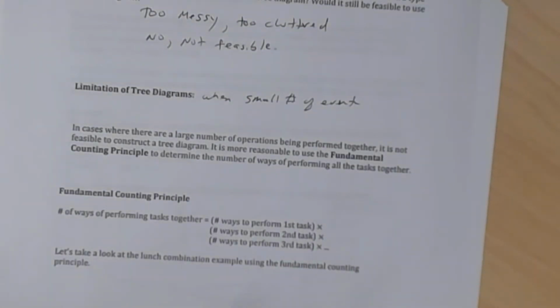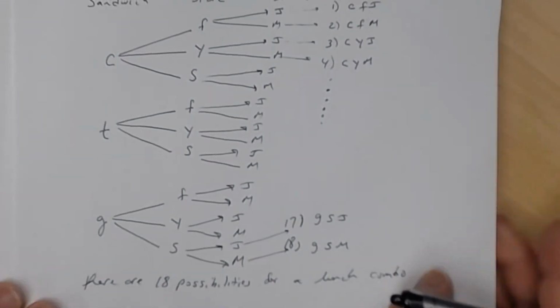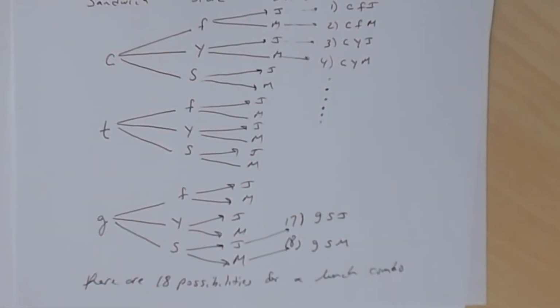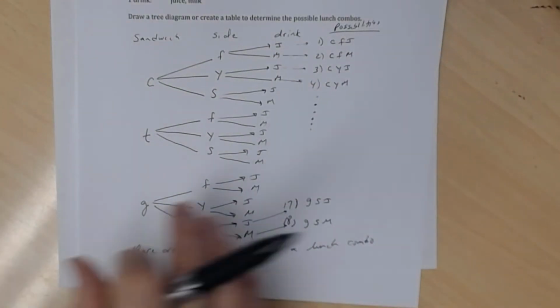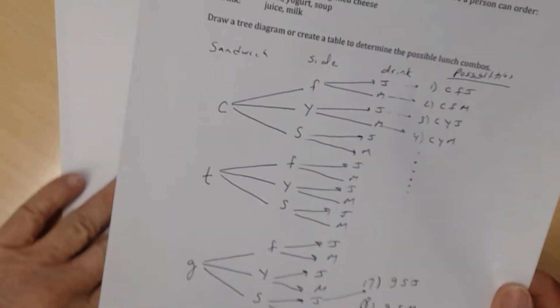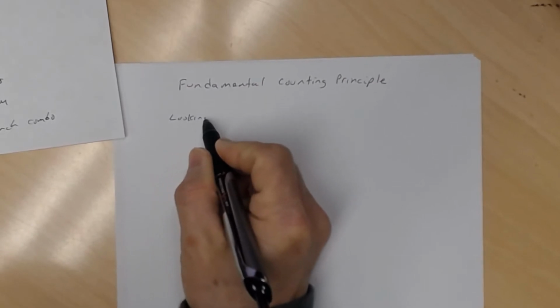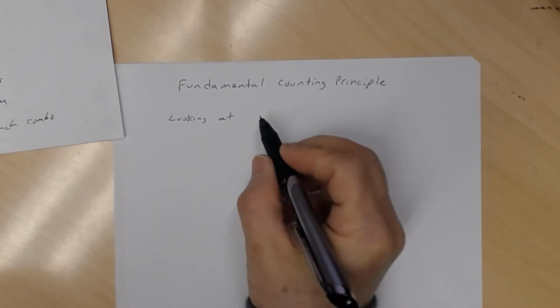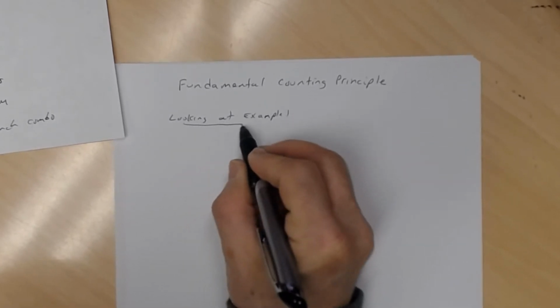All right. So here's the idea. I want you to notice something, and then we're going to talk about the fundamental counting principle. Let's go back right here. So remember how we got 18 possibilities using the tree diagram, right? Okay, there are 18 possibilities. Looking at example 1, I want you to notice something.